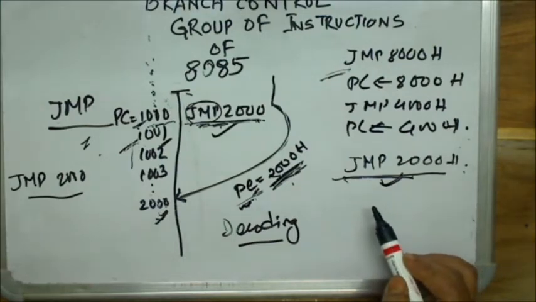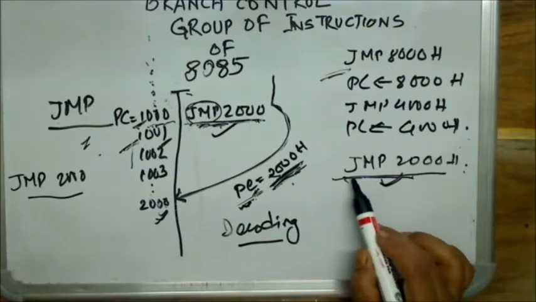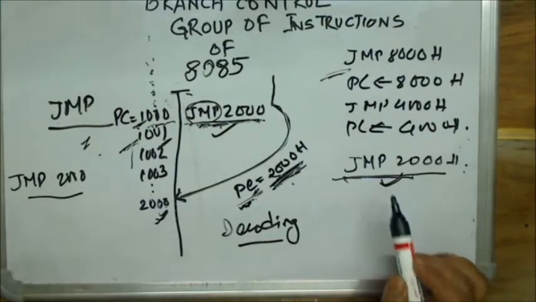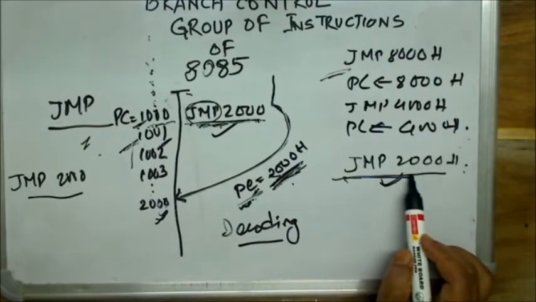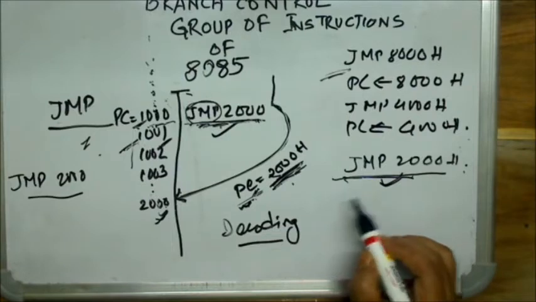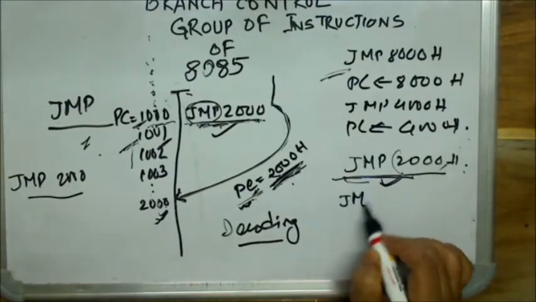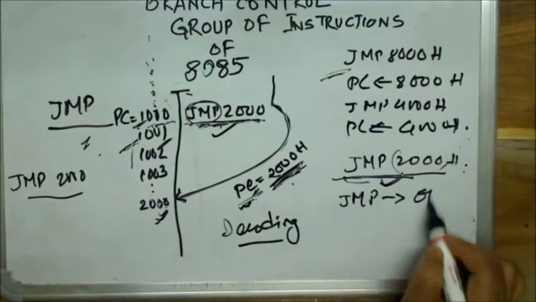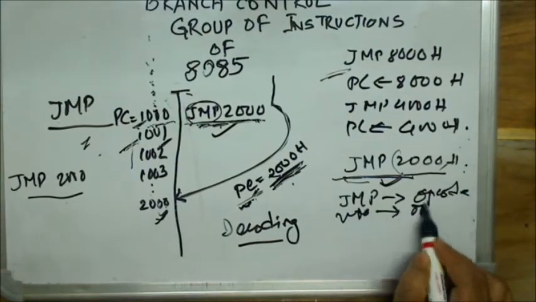When this instruction is converted into machine language, there will be an opcode for jump, because a number can never be a part of your opcode. So 2000H is an operand and jump will get an opcode.